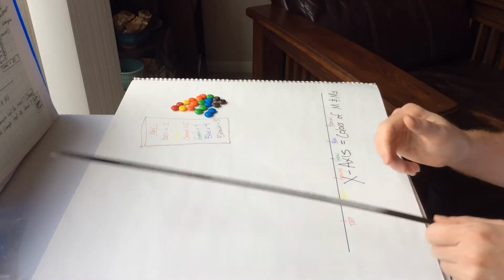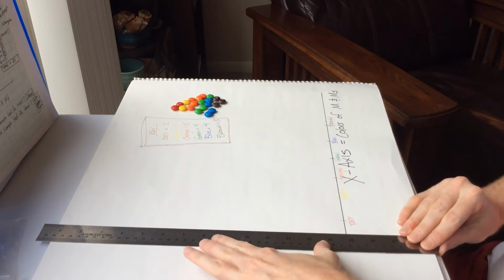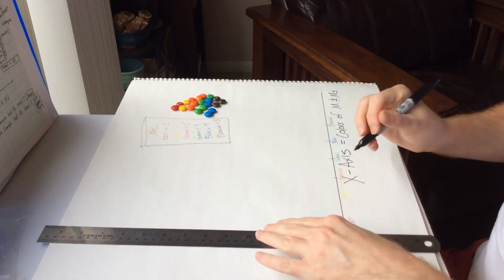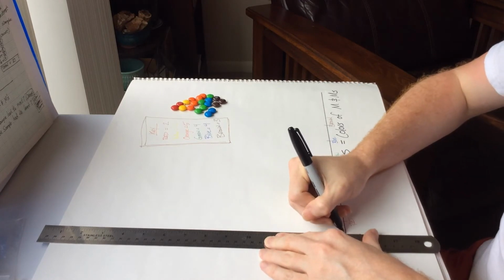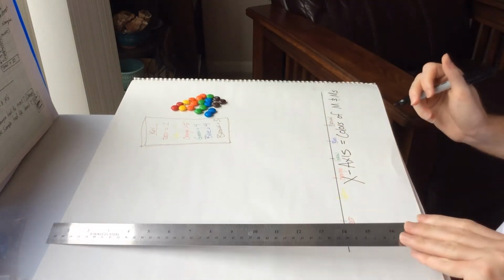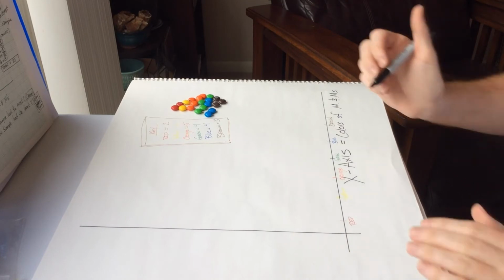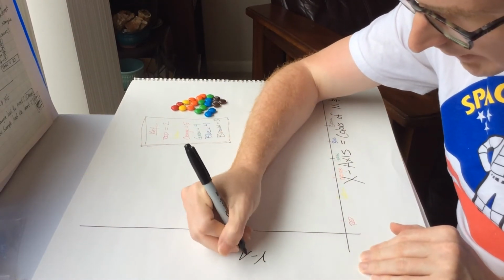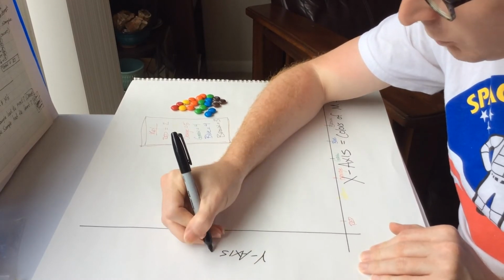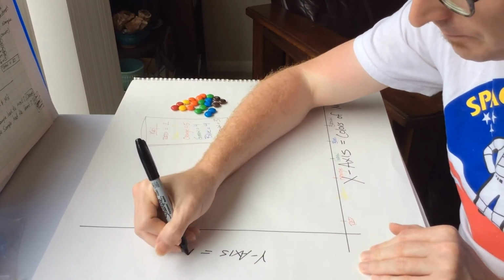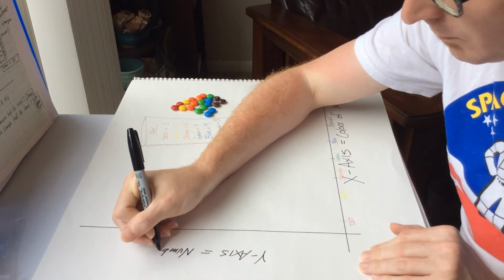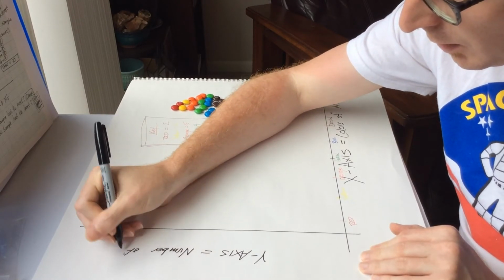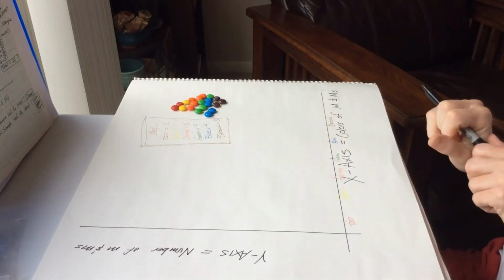Now, for my y-axis, draw that one out. My y-axis, and I want it to equal the number of M&Ms in my sample.